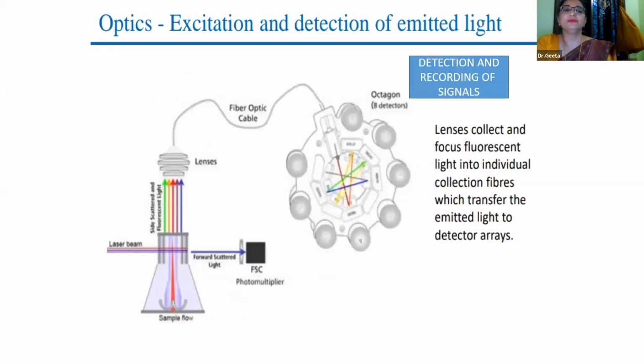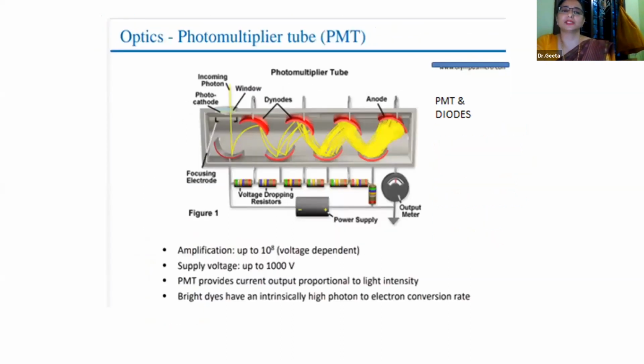This diagram further explains the arrangement of the various photodetectors, diodes and photomultiplier tubes, which help in getting all the information of the light scatter, and then this conveys the data to the electronics part, which then converts the whole information into the various plots and histograms.